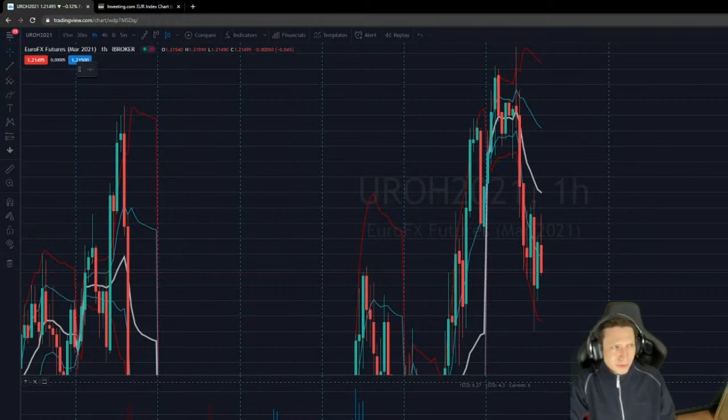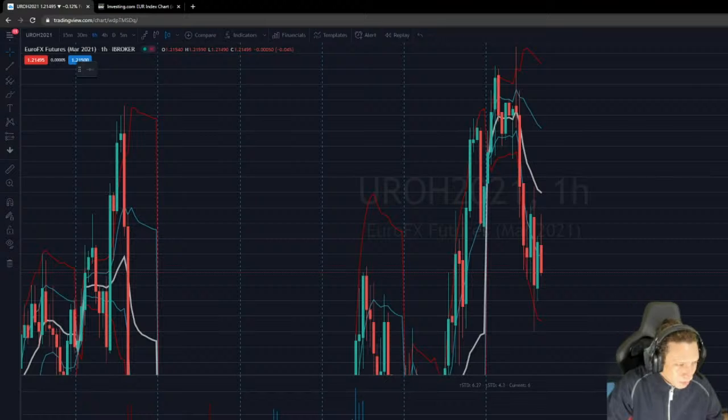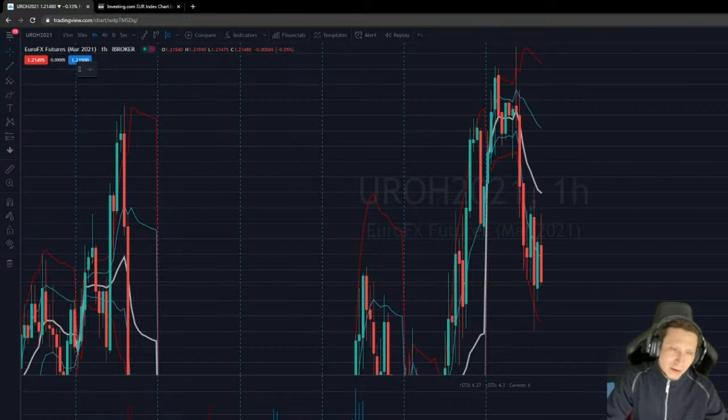But one thing with the euro is that if you are looking for a direction to trade, you need to know if the euro is strong. If you compare, for example, the euro dollar, and the euro is going up, it might be because the dollar is weak or the euro is strong, and you don't know that, right? You don't know which one is stronger or weaker at any given time.